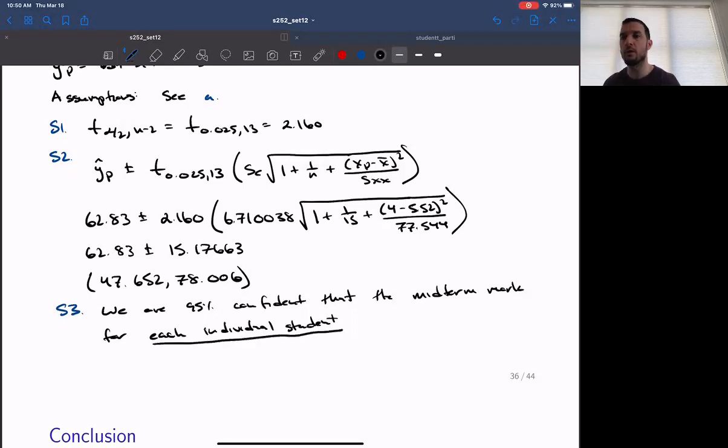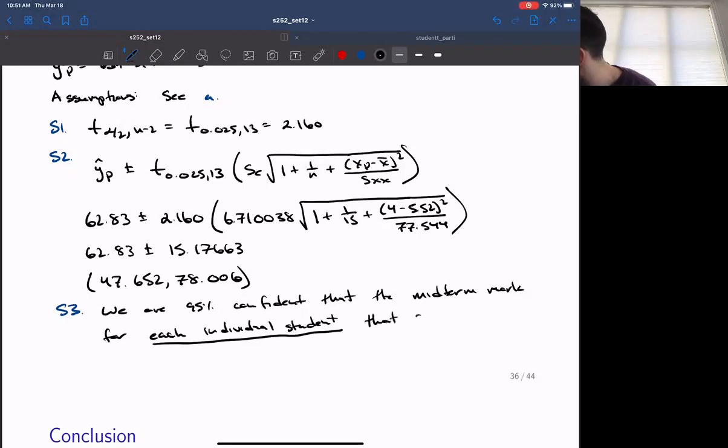Okay, so we're no longer talking about a collection of students. In the conditional mean interval, we were talking about all students that slept the same number of hours. In this illustration for the prediction interval, we're talking about the individual student. So one student.